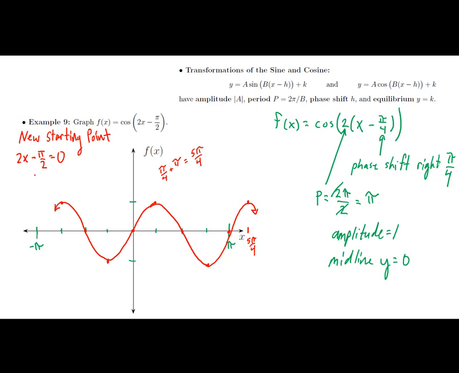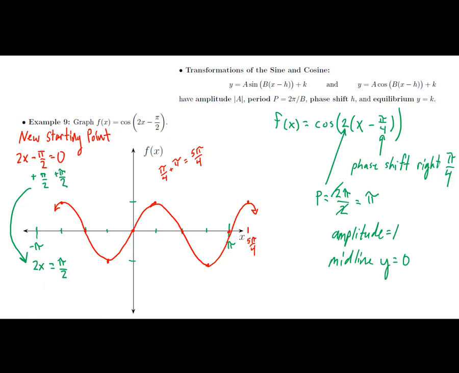Add pi over 2 to both sides. Let me change colors here so I don't run into my graph and make it messy. I really didn't plan well in terms of where to do this work, so let me go down below. That gives me 2x equals pi over 2.